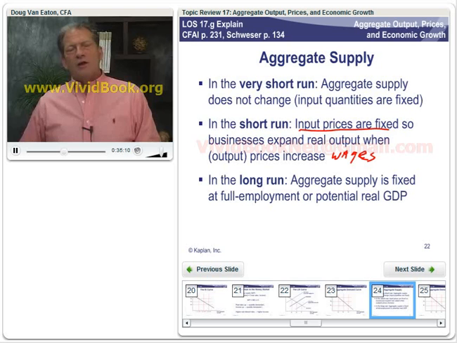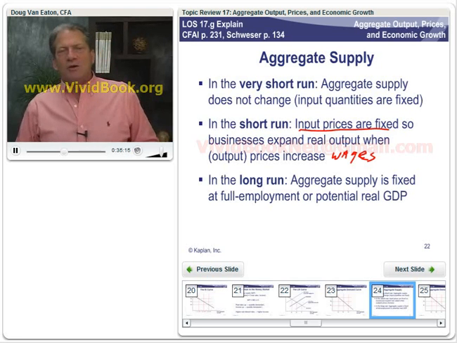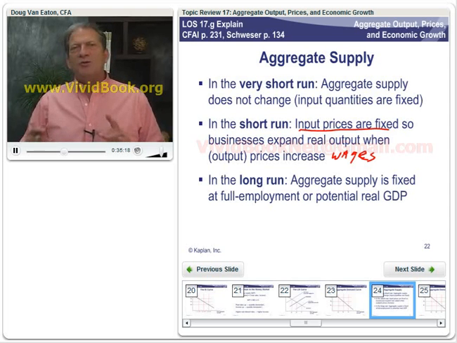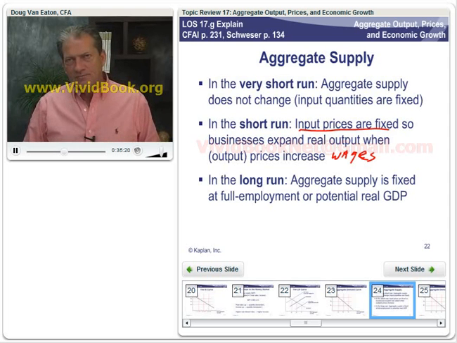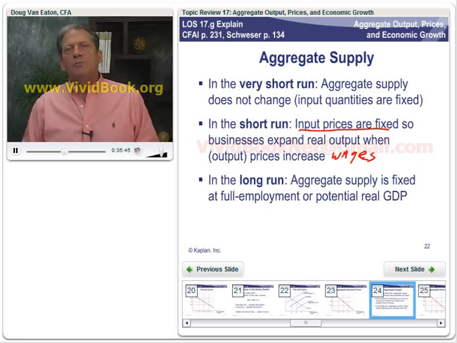In the long run, these input prices can vary, and that's what's going to get us back into equilibrium, right? Disequilibrium is a short-run phenomenon. If we get away from our long-run equilibrium, there's got to be some sort of mechanism to get us back. Well, that mechanism in this model is changes in input prices. When the economy is producing at a high level, an expansion greater than full employment, this is going to put upward pressure on input prices.